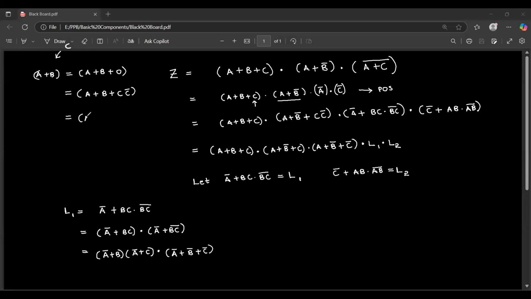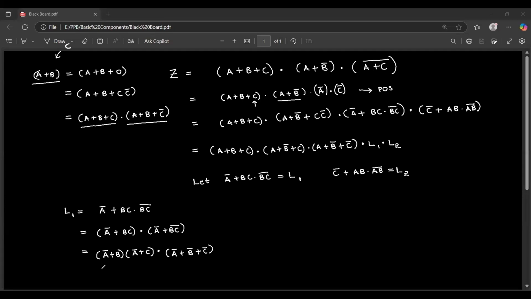Finally that equals (A plus B plus C) into (A plus B plus C bar). I will attach the last video, don't worry. So if you have A plus B, it equals (A plus B plus C) into (A plus B plus C bar).